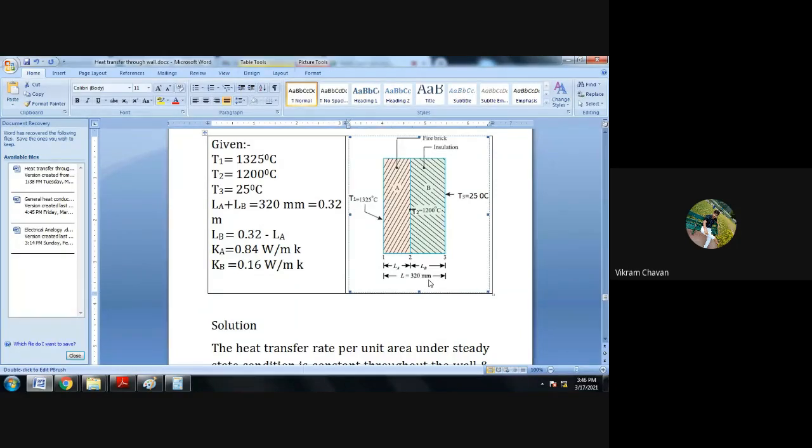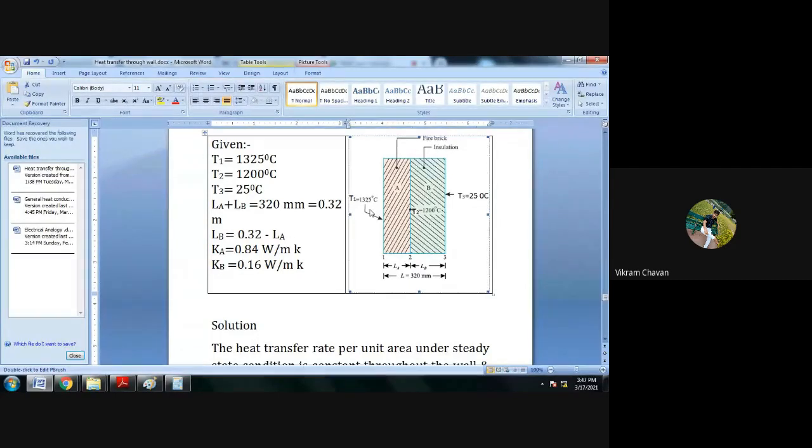Out of 320 mm, some thickness is for the fire brick wall and some for the insulating wall. L suffix A is the thickness of the fire brick wall, and L suffix B is the thickness of the insulating wall. We have to solve this problem by using the composite wall theory.